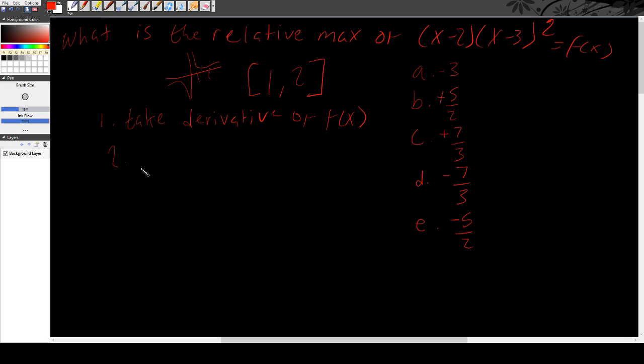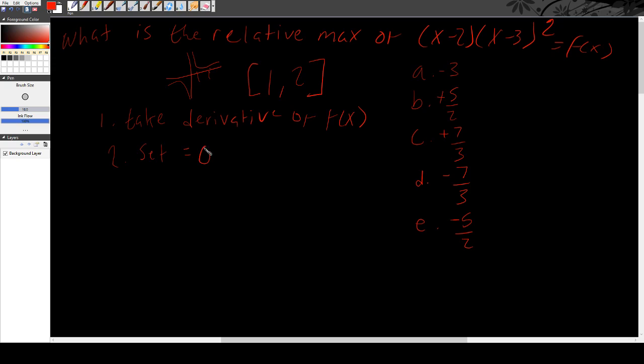On every AP exam that I've ever seen, most functions are going to be pretty obvious whether or not you can take a derivative with calculus AB. So yeah, just take the derivative.